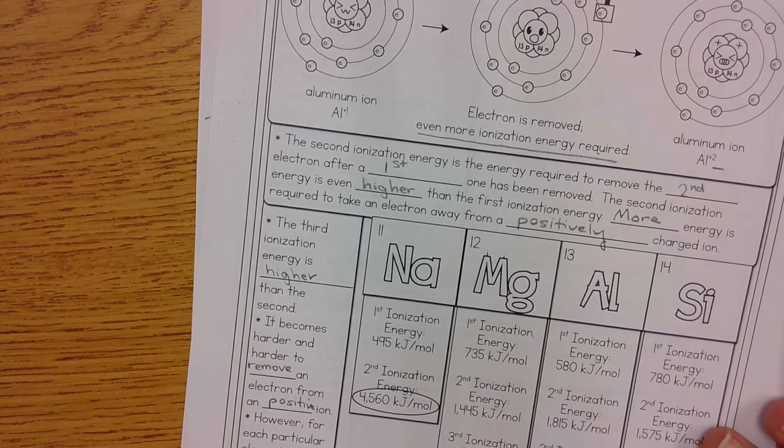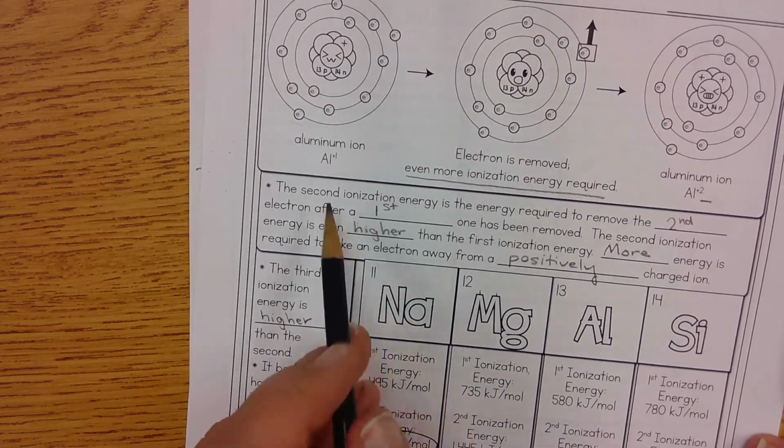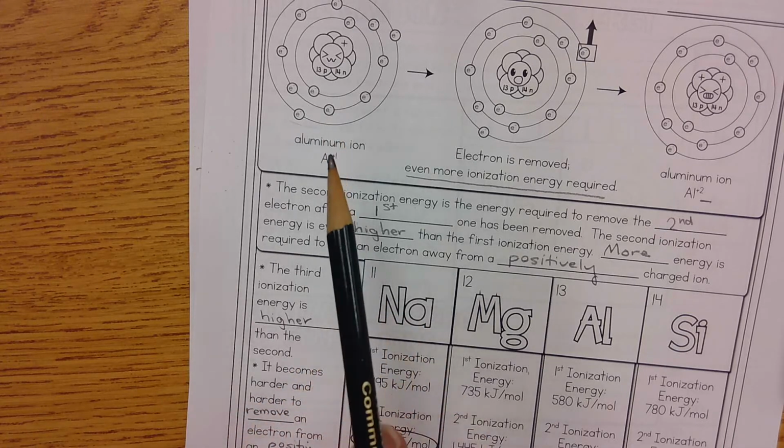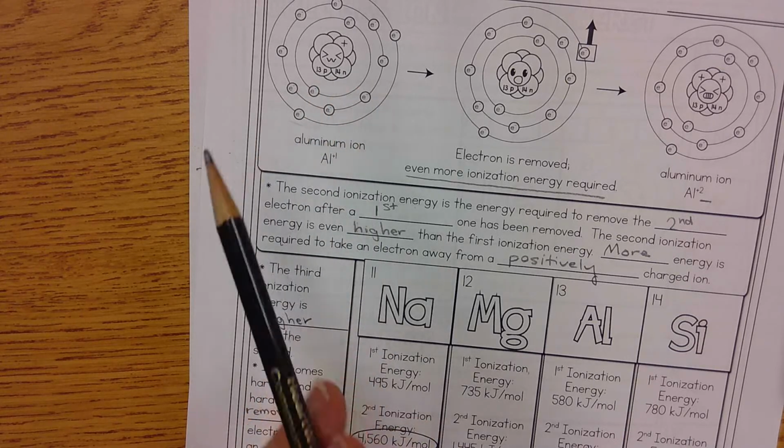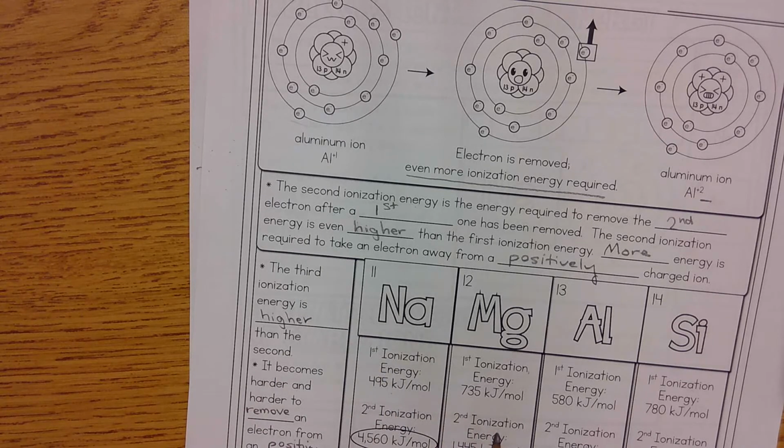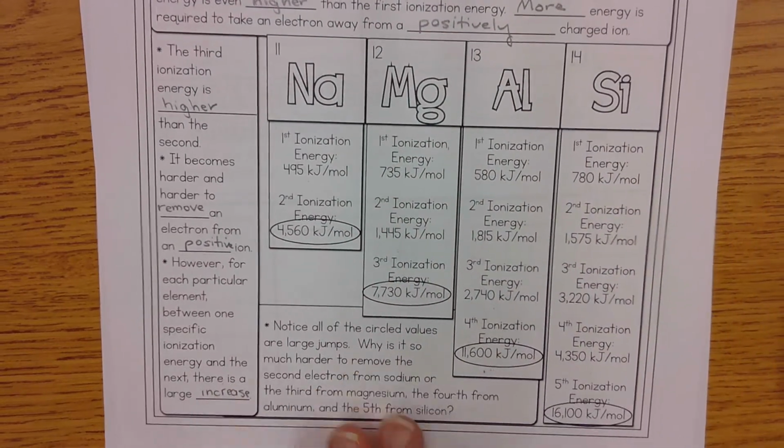So it's going to be really, really difficult to get that electron away. One, because it's closer to the nucleus, and 2, because it's a full shell that you're trying to break up. So you're trying to go from something super stable to not stable. So that requires a lot of energy.